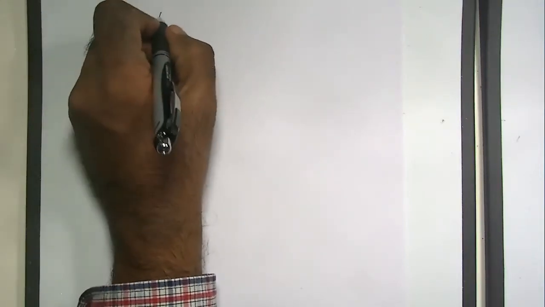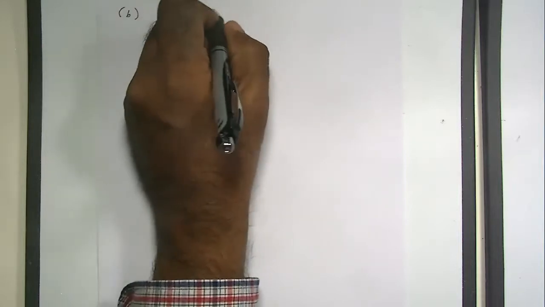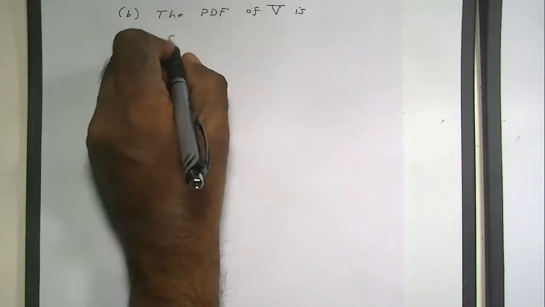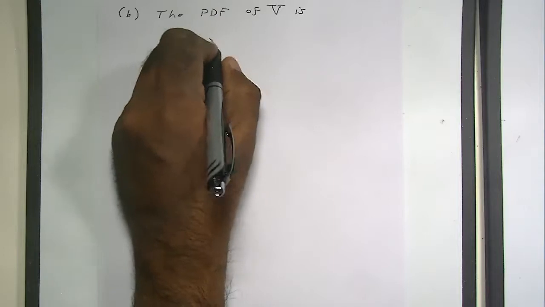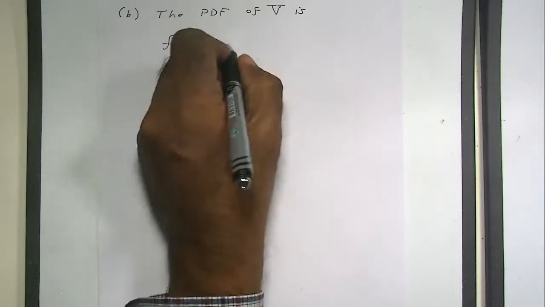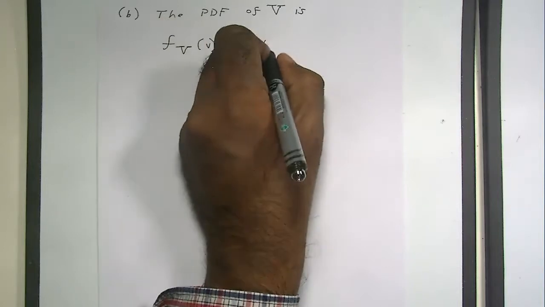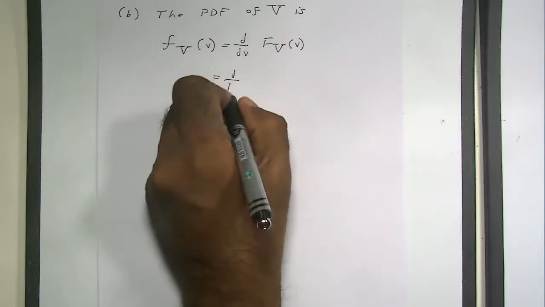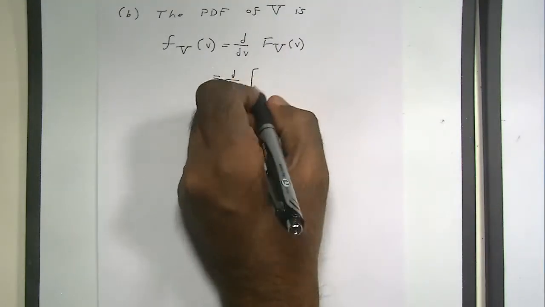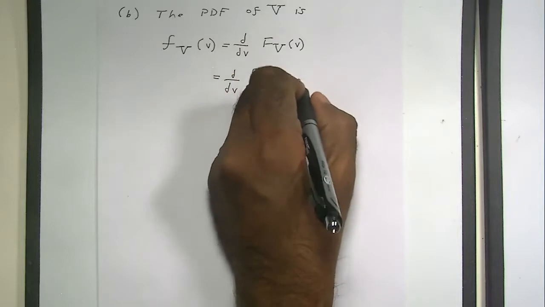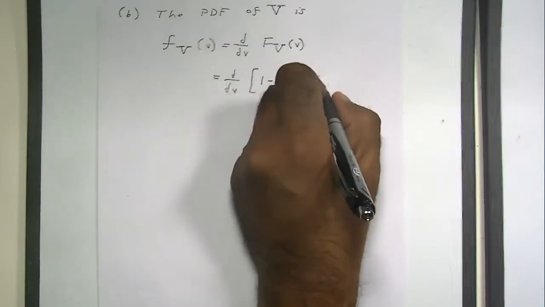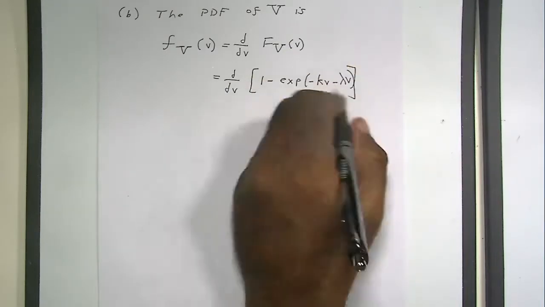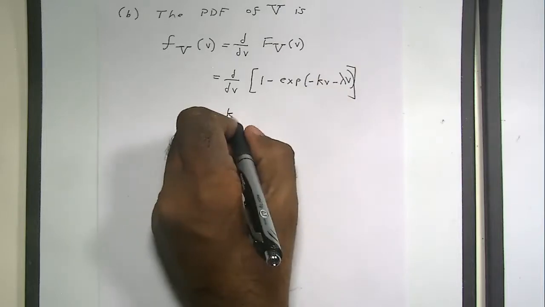The PDF of V, as you know, is the derivative of the CDF of V. So if you differentiate this with respect to v, you get (k plus lambda) times exponential of minus (k plus lambda) v.